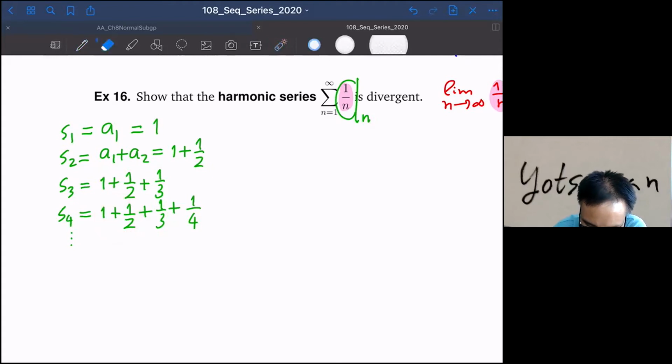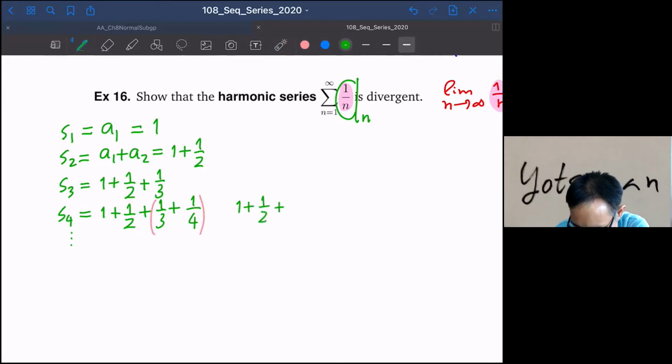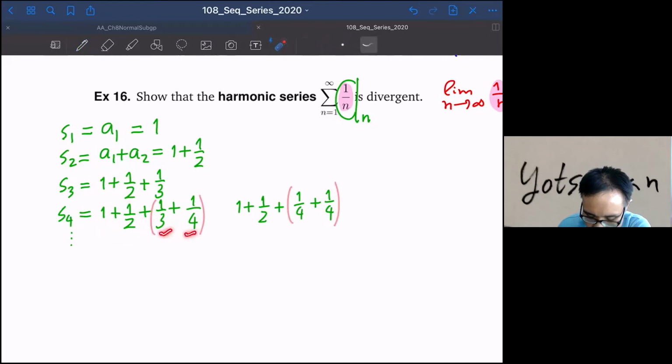And if you sum these two, it's going to be a little bit tricky here. So if I have 1 plus 1 half plus 1 quarter plus 1 quarter, you see the pink one is 1/3 and 1/4. However, on the other side, you have 1/4 and 1/4.